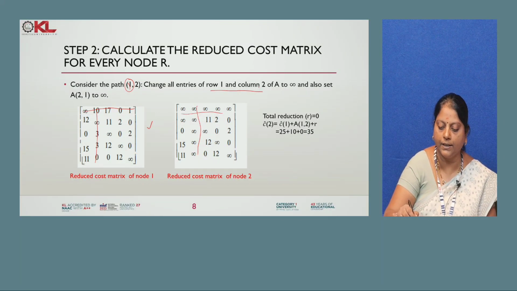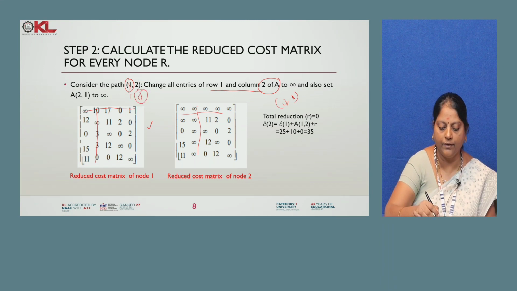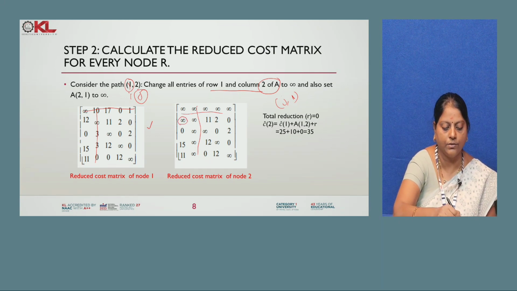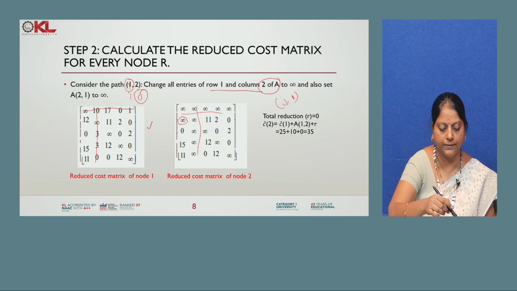Next, also set 2 comma 1, that is j comma I, to infinity. This is I and this is j, and the j value is 2. So the second row, first column value is also set to infinity.